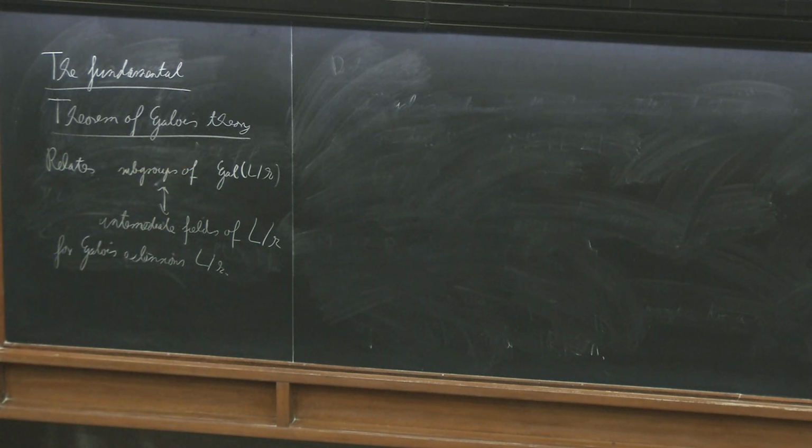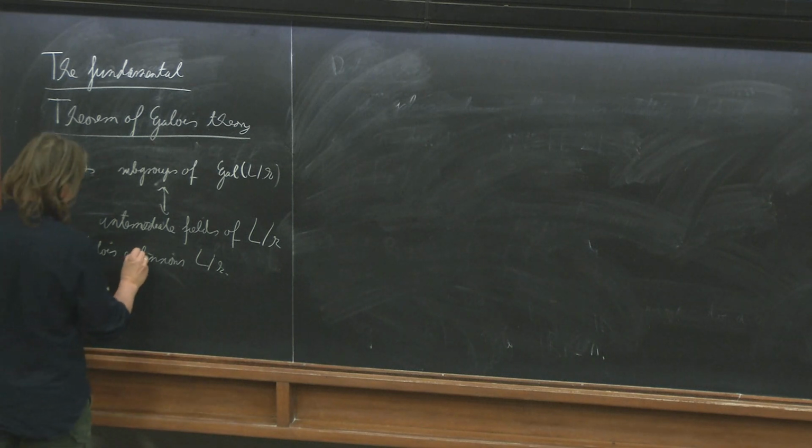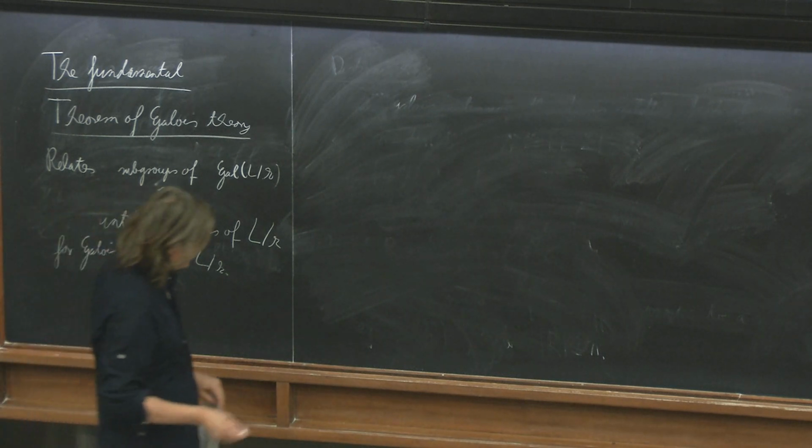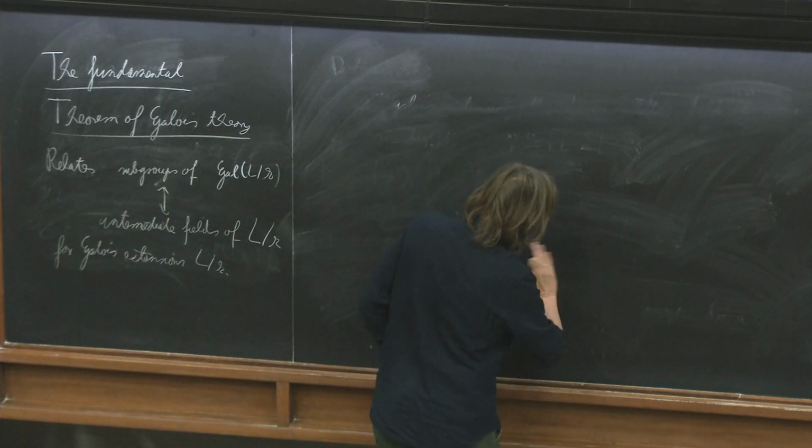And this is a very important tool to study these field extensions. It's not a magic wand. So it's not like you use this theorem and all of a sudden everything becomes easy, but it is a way how you can start studying things and then use some group theory to study the field extension.